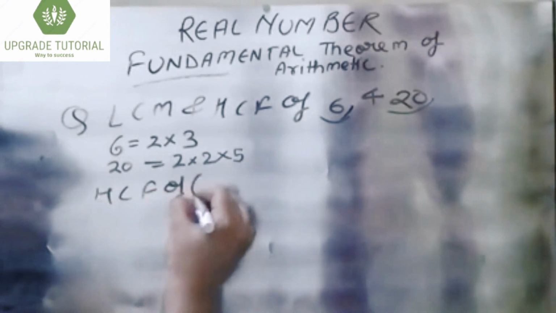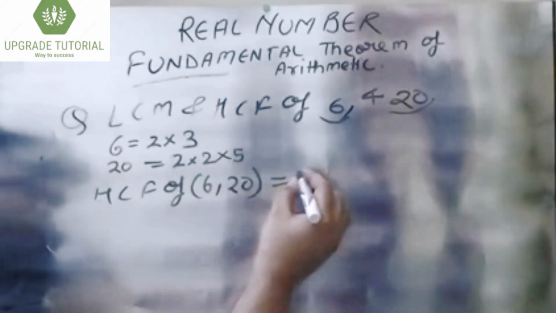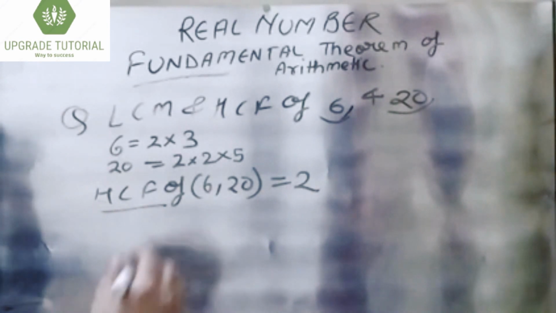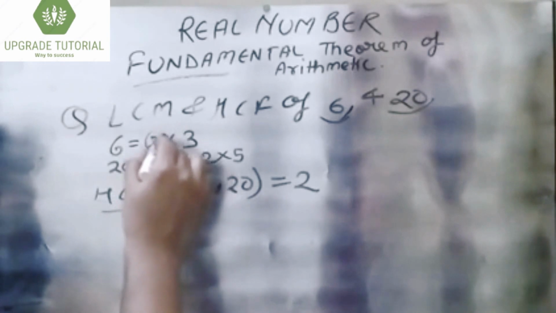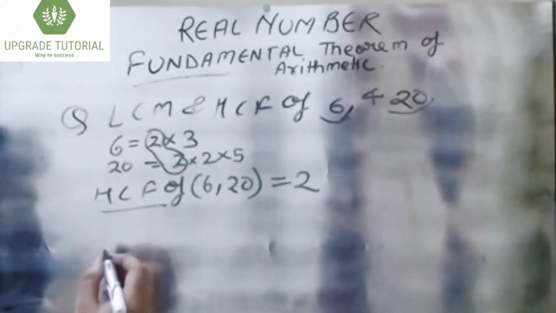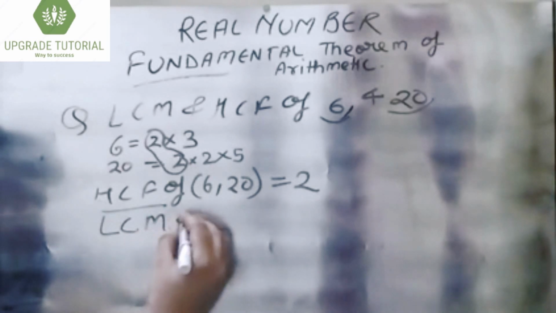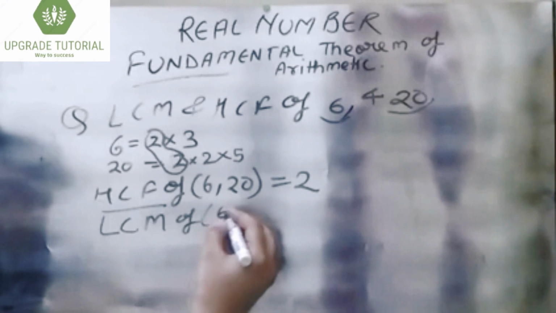Now the HCF of 6 and 20 is 2. In HCF we have to see the highest common factor. So in these, the common factor is only 2. So HCF is 2. And in LCM we have to take all the factors, the highest powers.